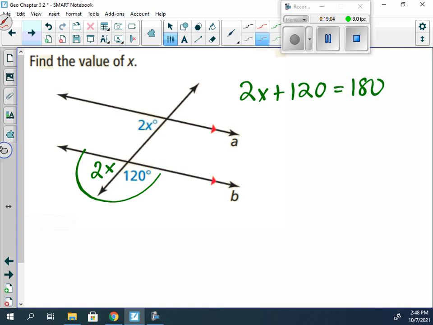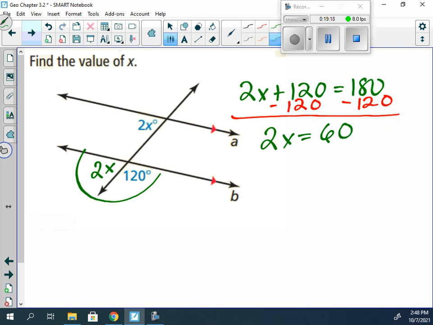Any questions on how we set this up? So what can we do next? We can subtract 120 from both sides. Divide both sides by 2 to get x by itself.